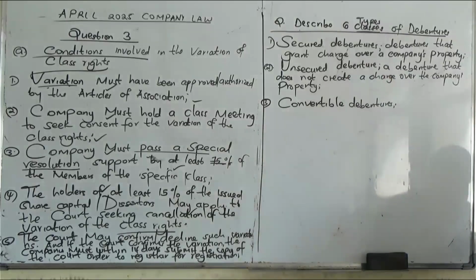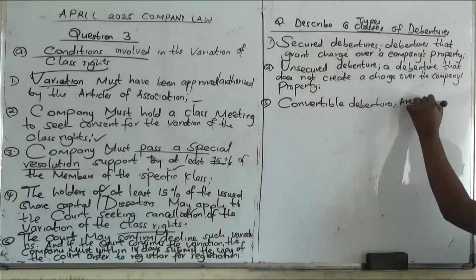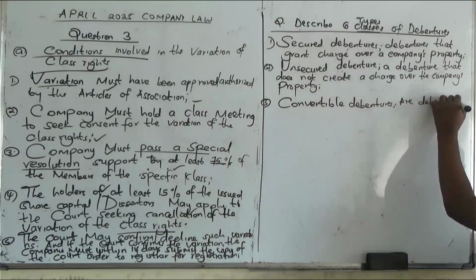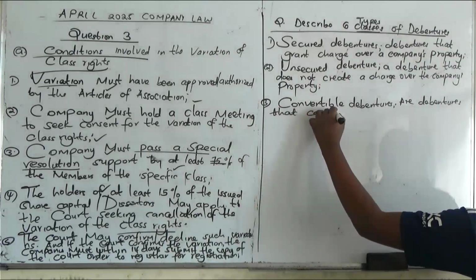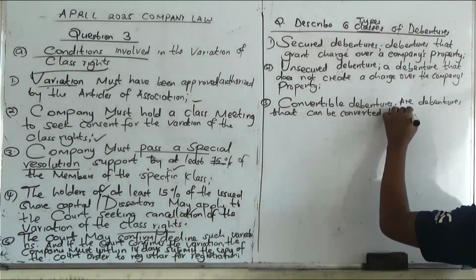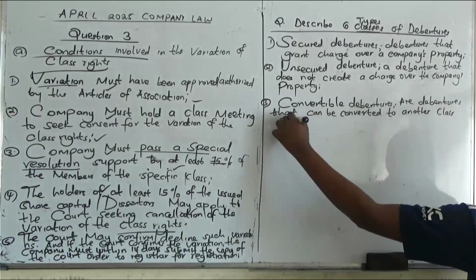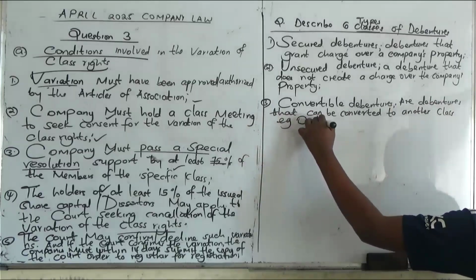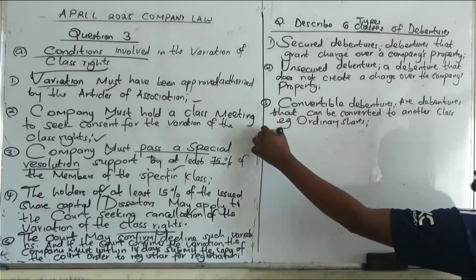They are debentures that can be converted to another class, for example, ordinary shares. They become ordinary shares.